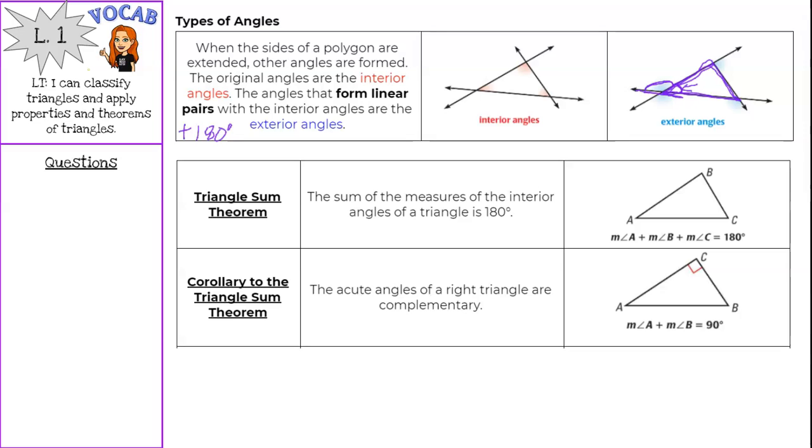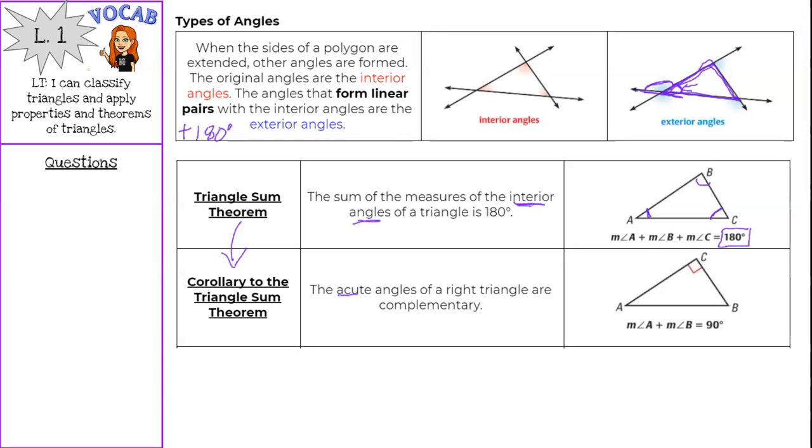We also have our triangle sum theorem. The sum of the measures of the interior angles of a triangle is 180. So if we add up the measures of angles A, B, and C, they would equal 180. Then we have a corollary, which just means it stems from the triangle sum theorem. It's a consequence of that theorem.